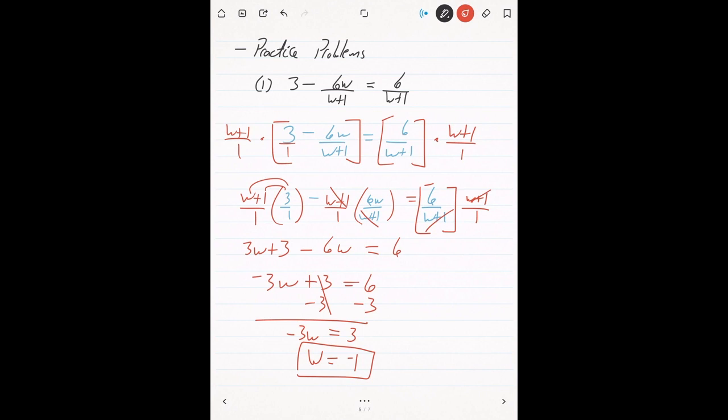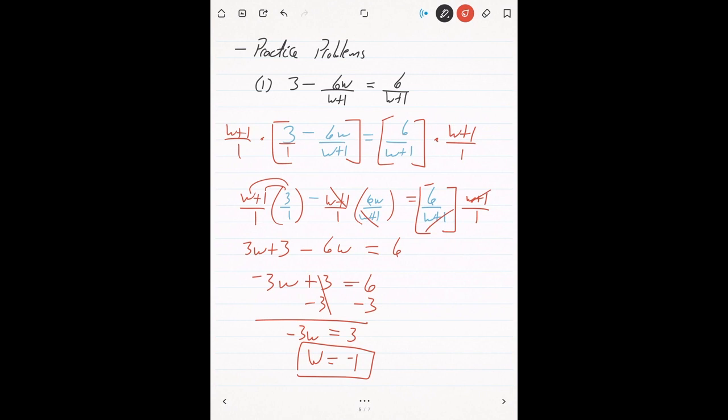So hopefully you're seeing how this clearing fractions technique worked. We did this before when we would work with fractions that have numbers in the denominators. Now it's the exact same idea, except now we have polynomials in the denominators, and that's affecting what our common multiple we're multiplying both sides by is.